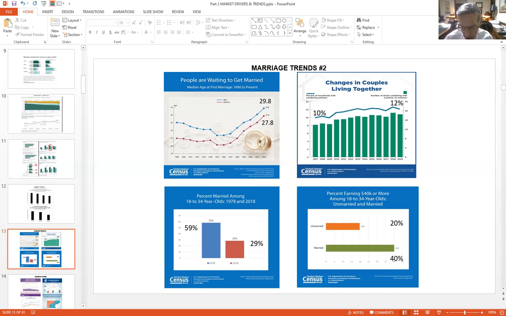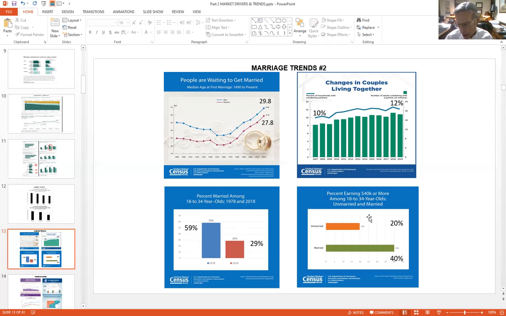Folks who are married at a young age, we spoke about before, but here's a more recent statistic. Some 59% of 18 to 34-year-olds were married back in 1978, but 40 years later in 2018, it had dropped to 29%.